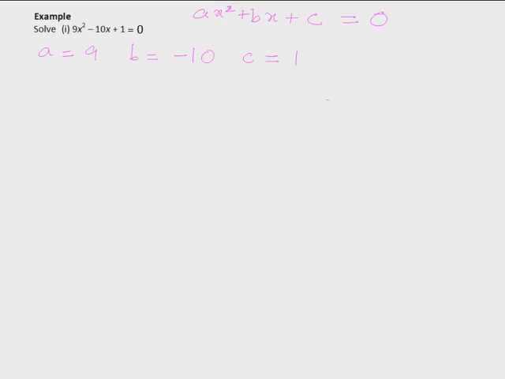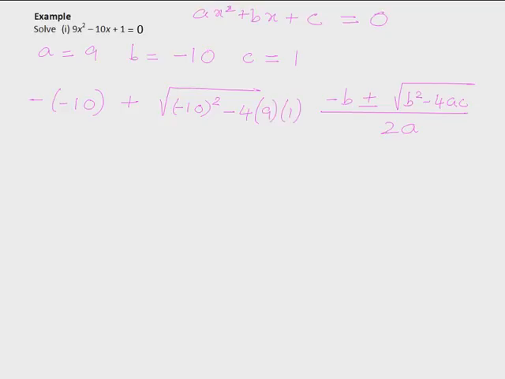My formula was minus b plus or minus root of b square minus 4ac over 2a. What do I mean by plus or minus? I mean one solution you use the plus and the other solution you use the minus. So let's write that down. Minus of minus 10 plus root of b square, that's minus 10 square, minus 4 into 9 into 1 over 2 into 9.